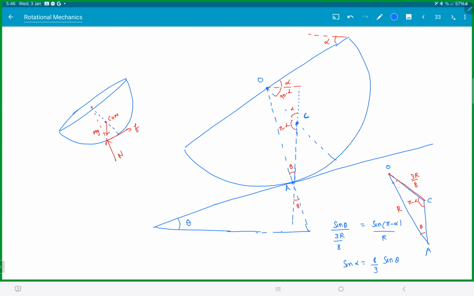Like I told you, the main thing is once you got this FBD there, and it is all geometry after that. Check it out.